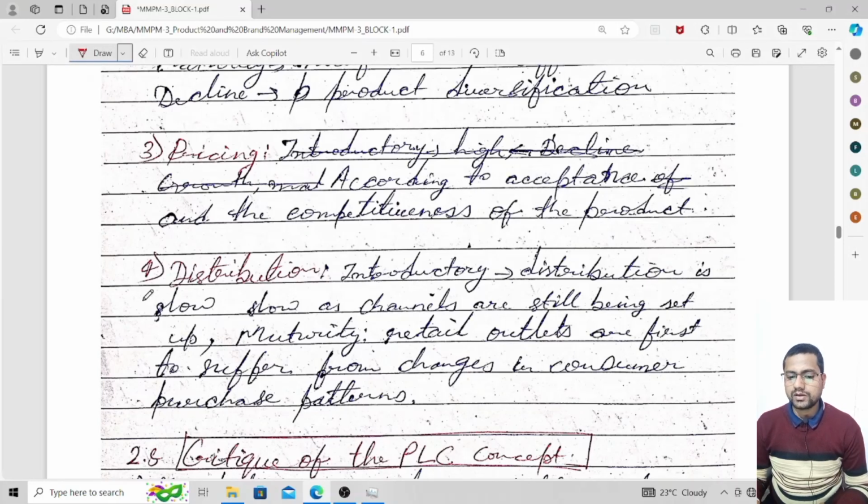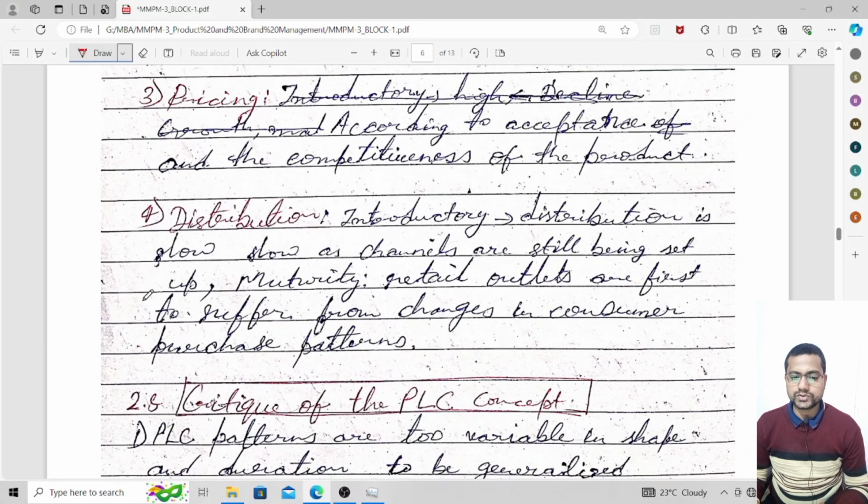Introductory. Distribution is given fourth number now, so that in the introductory stage distribution is slow as channels are still being set up. In the maturity stage, the retail outlets are first to suffer from changes in consumer purchase patterns.